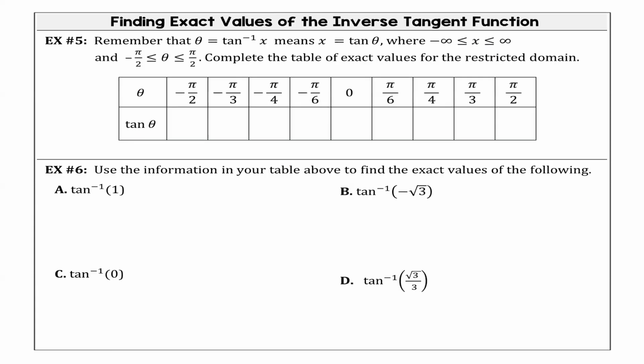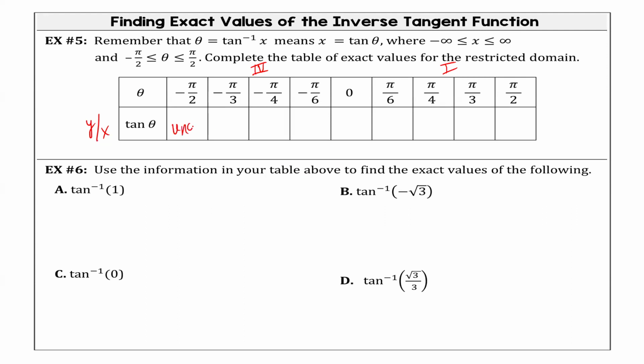Does that make sense? All right, so let's find our inverses for our values in quadrant 4 and our values in quadrant 1. Tangent is your y divided by your x. So what is the tangent of negative pi over 2? Undefined. Why is it undefined?